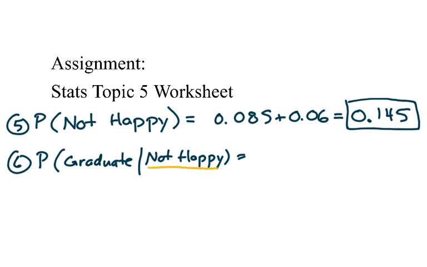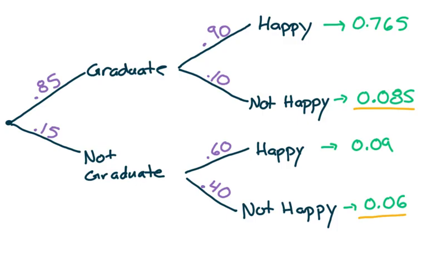We are only considering this group of people. So when I look at this, these are the only two numbers that I'm using. Now it's asking for the probability that they graduated. So my graduated out of this group is 0.085 out of my total not happy.